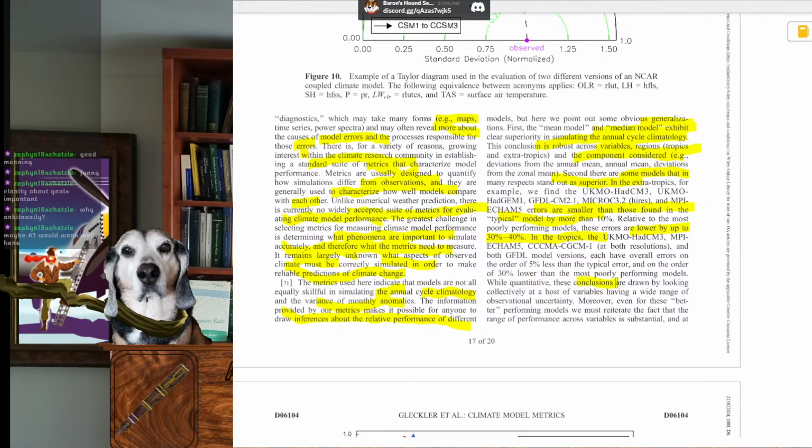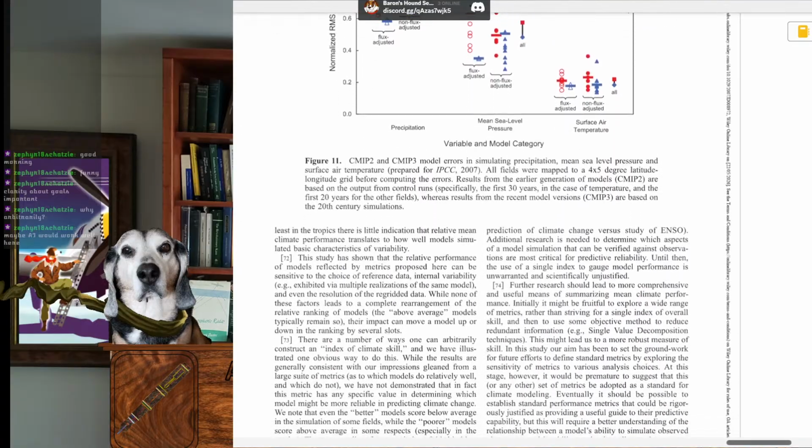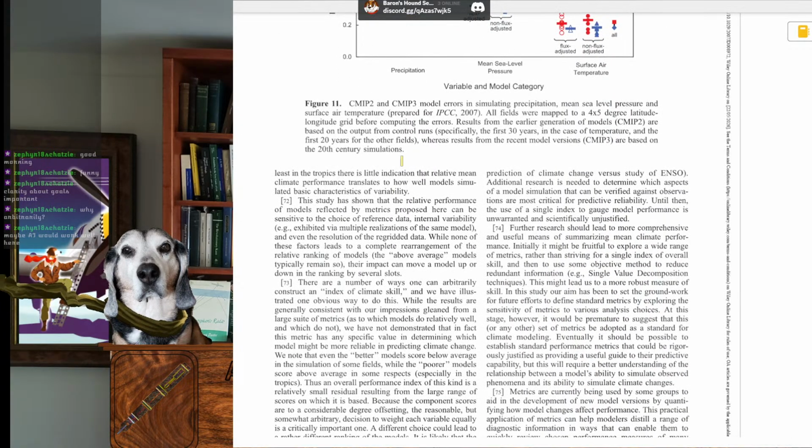While quantitative, these conclusions are drawn by looking collectively at a host of variables having a wide range of observed uncertainty. Moreover, each of these, quote, better performing models, we must reiterate the fact that the range of performance across variables is substantial, and at least in the tropics, there is little indication that relative mean climate performance translates to how well the models simulate basic characteristics of variability.